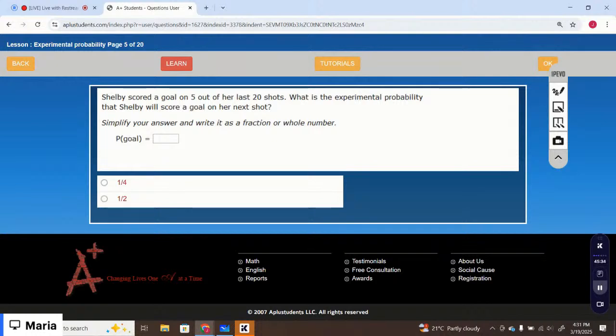So, which is the correct option? That is 1 out of 4. Option number 1 is the correct option.